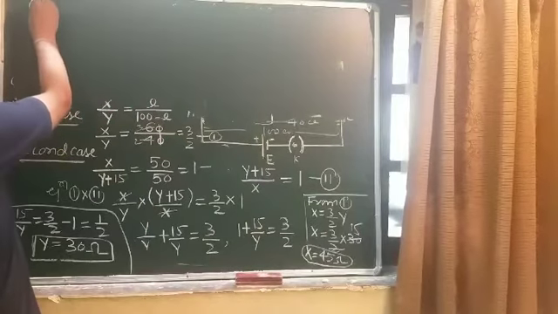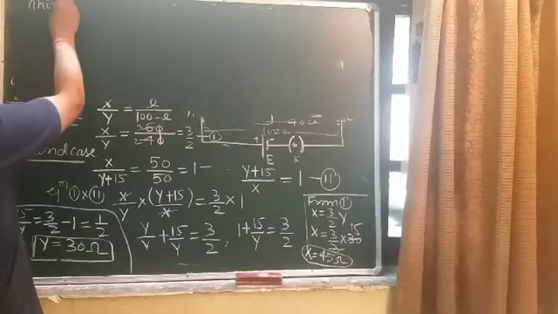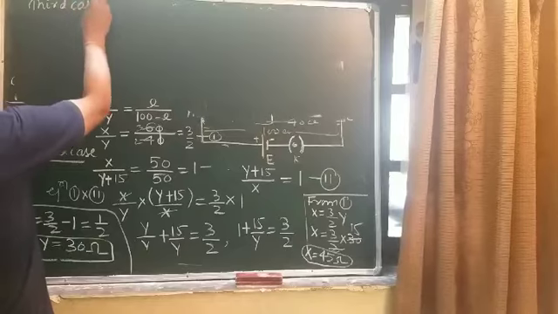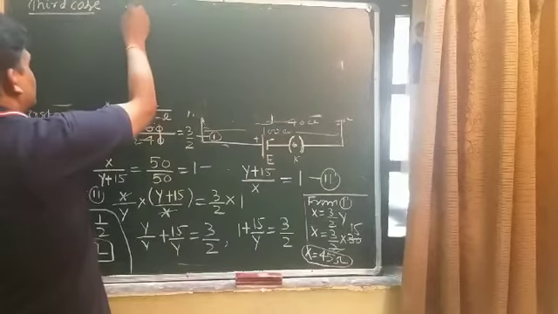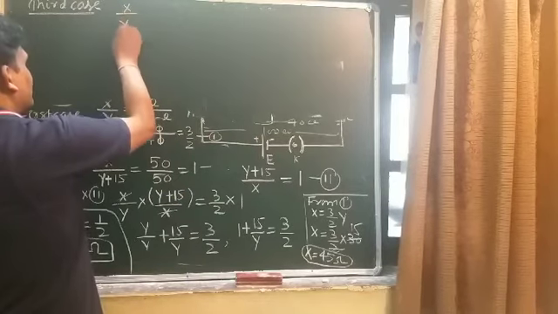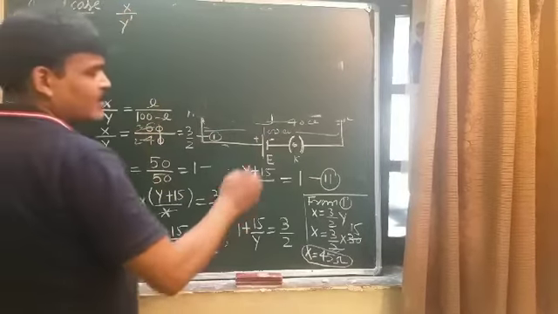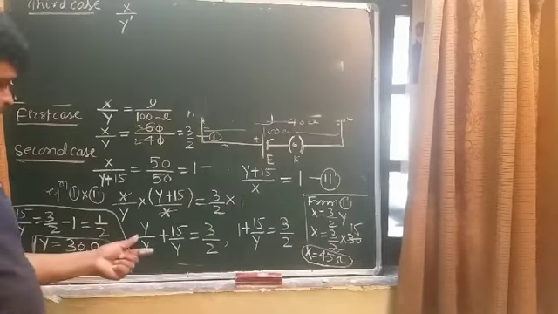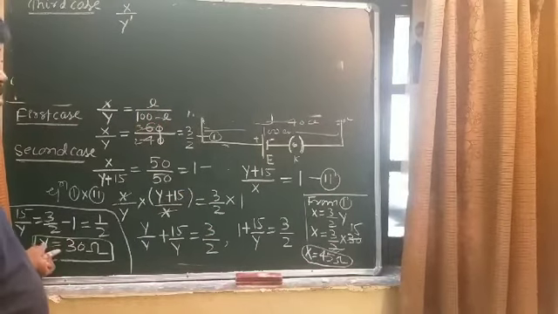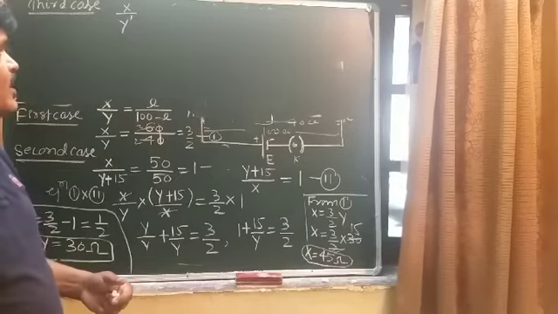Third case, x by y dash. Students, y dash, that is where a 30 ohm is connected in parallel with y. So what is the position of the null point?